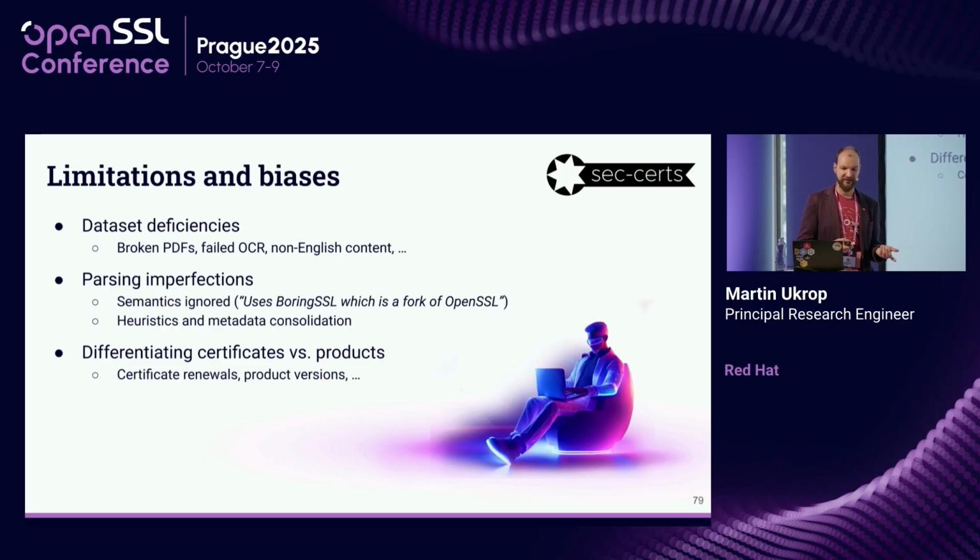Then the parsing imperfections include consolidation of metadata and heuristics from different sources, because the Common Criteria portal gives you some of the structured things, then you get something out of the document headers, you parse something out of the actual text, and sometimes the information is conflicting on, say, who's actually the vendor?